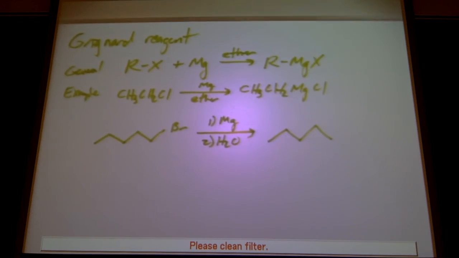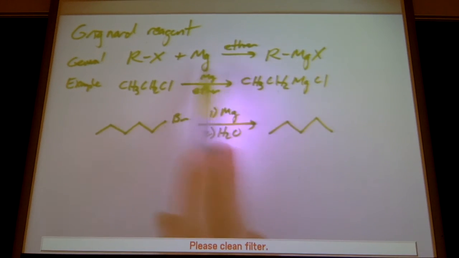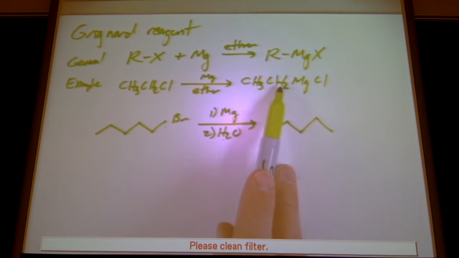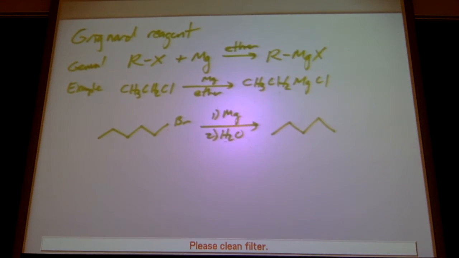So this is a method to make an alkane from your alkyl halide. Like I mentioned, in Organic 2, when you do this reaction, you have to be sure there's no water in solution because you want to use it for other things besides making your alkane. If there's any water present, it would do this.